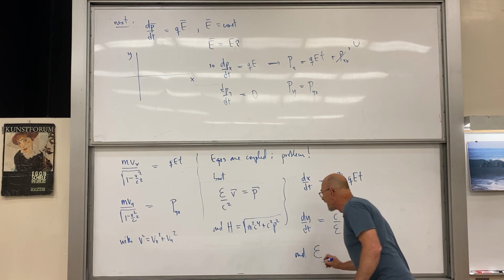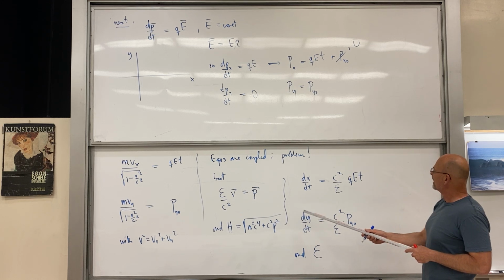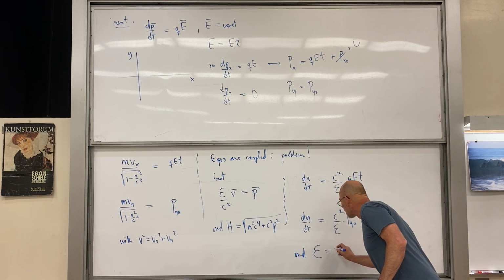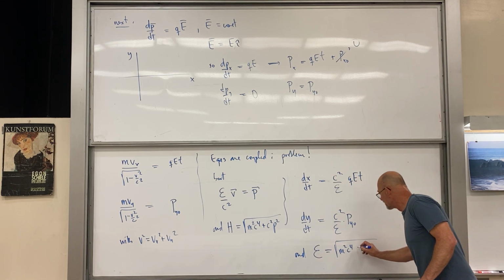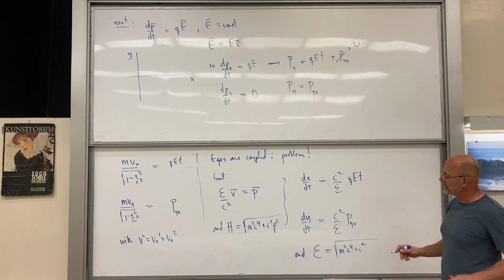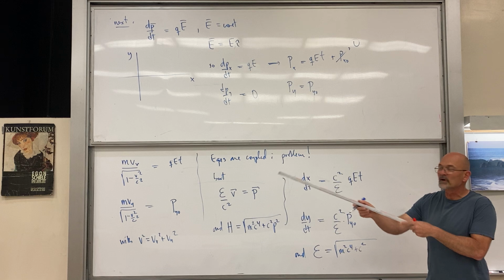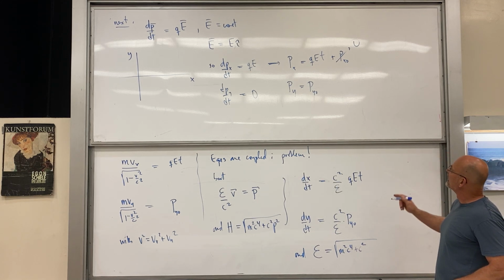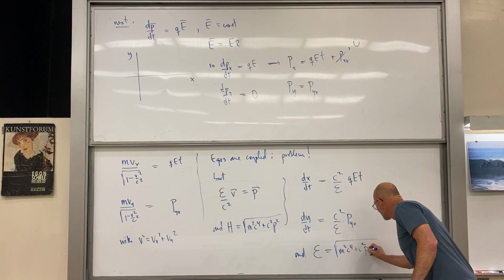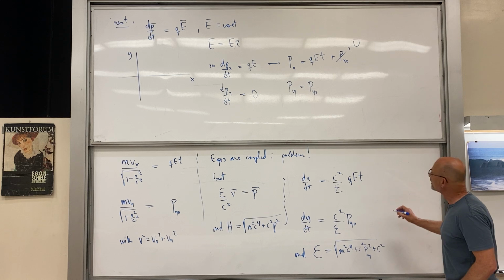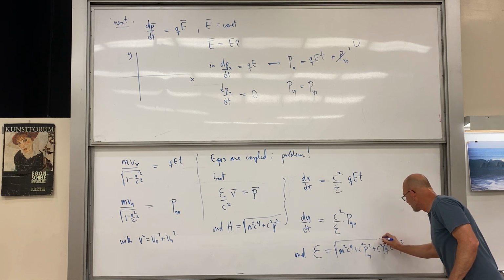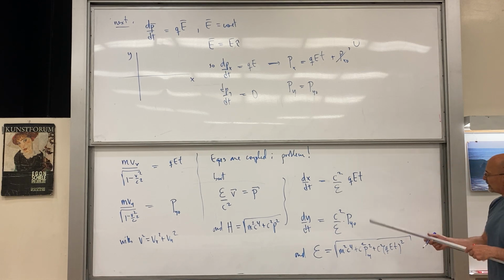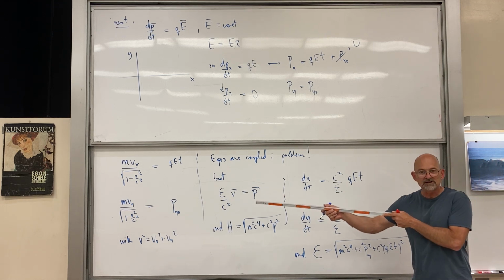And this energy, from the Hamiltonian, I can write as m squared c to the fourth plus c squared p squared. Now p squared is just p_x squared plus p_y squared, so that's plus c squared p_0y squared plus c squared (qEt) squared. This is the key to solving the problem, those otherwise impossibly coupled equations.